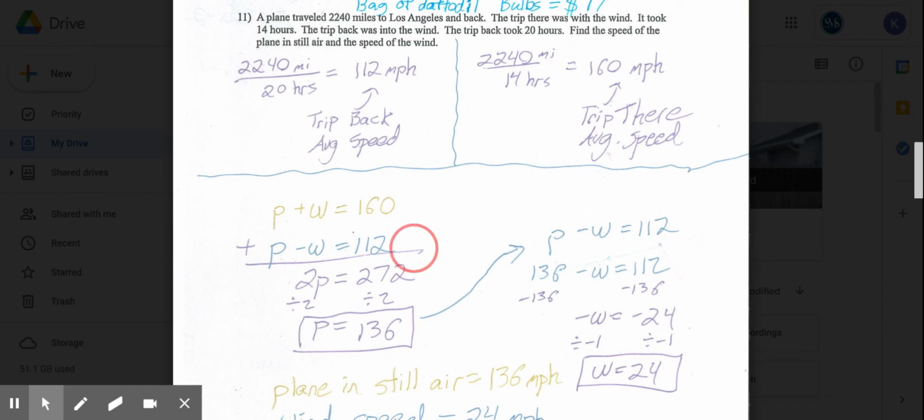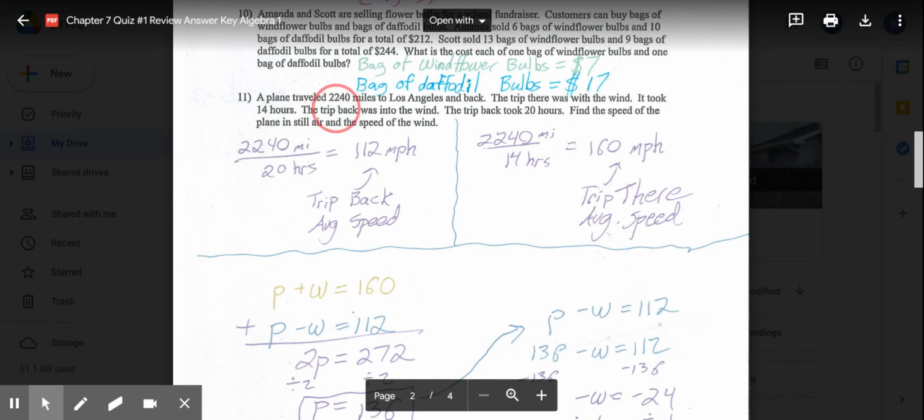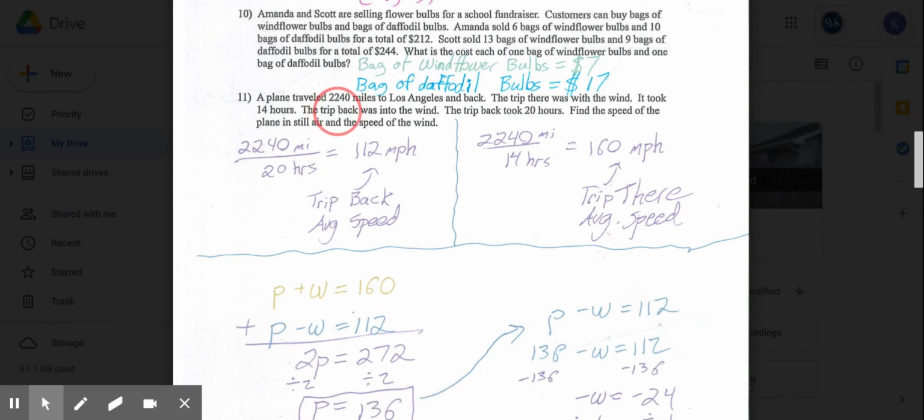Now, for those of you that did attempt number 11, what you'll notice here is it requires a little work before we can do our two equations. The equations are actually quite simple, with the plane speed plus the wind, or the plane speed minus the wind. What we know in this scenario is the trip to LA and back each way was 2,240 miles. One of the trips took 14 hours, the other took 20.